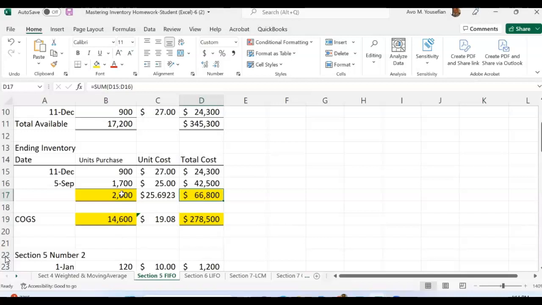what is available. Available is 17,200, right? 17,200 minus whatever is left, 2,600.